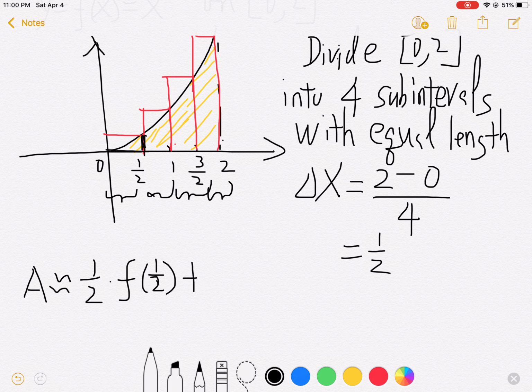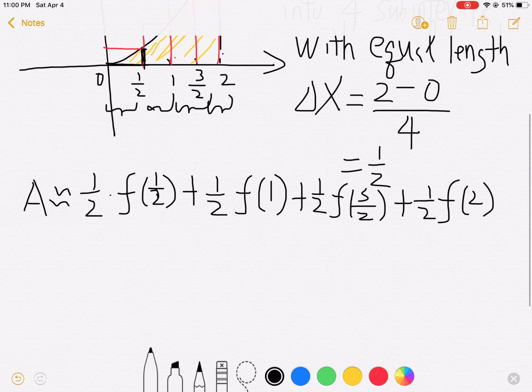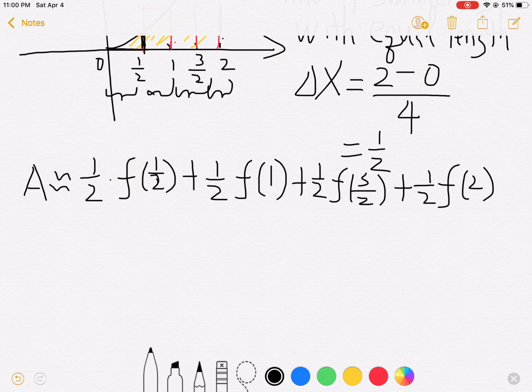Plus 1/2, the second one, times f of 1, plus 1/2 times f of 3/2, plus 1/2 times f of 2.